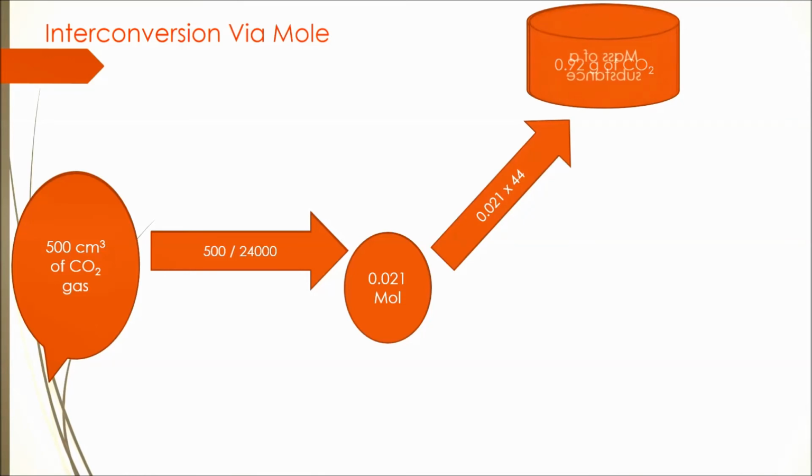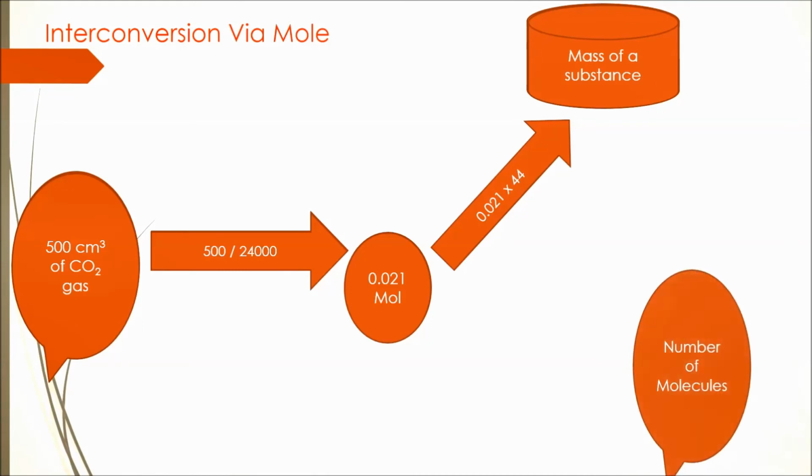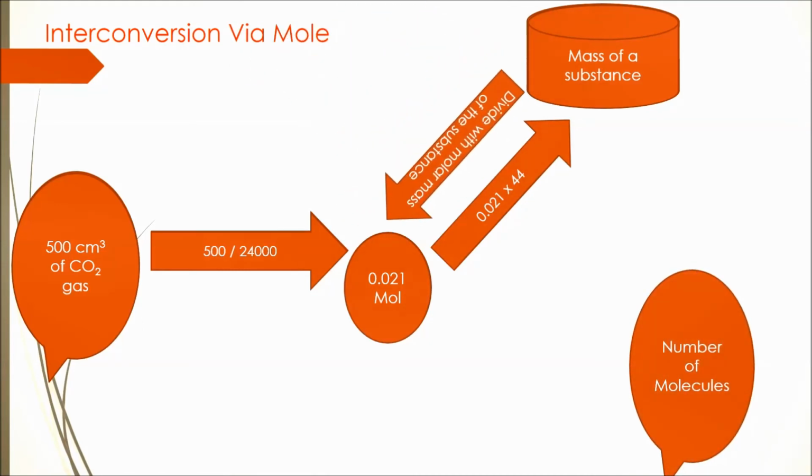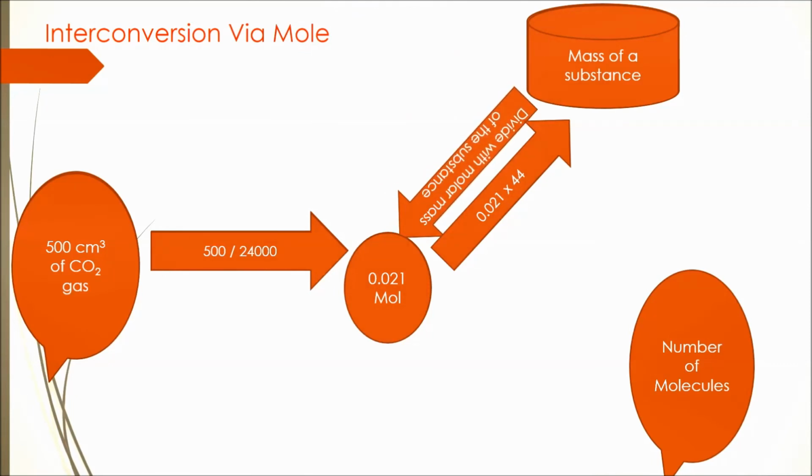Another example could be, let's start with mass of a substance, and we want to convert this into number of molecules. The first step is similar, that is to calculate mole, and the way is still the same, dividing with molar mass, as this is a mass. Divided with molar mass, we get mole. And then in the second step, mole is converted into number of molecules.